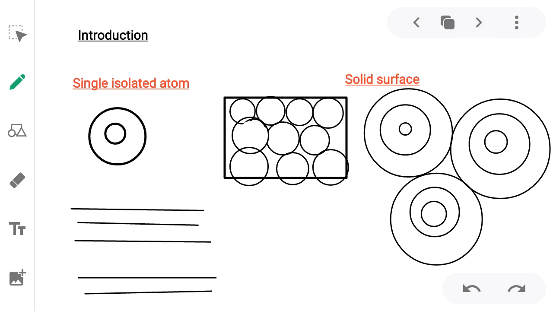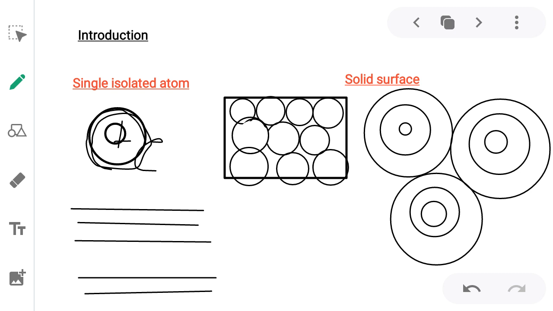In this introduction part, first I consider a single isolated atom. As the name indicates, single isolated means it contains the proton at the center and only one electron. This electron is continuously revolving around the nucleus. Instead of a single isolated atom, I consider the solid surface.